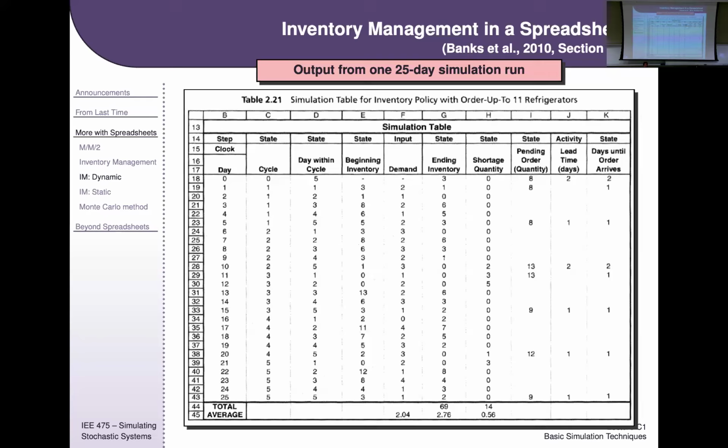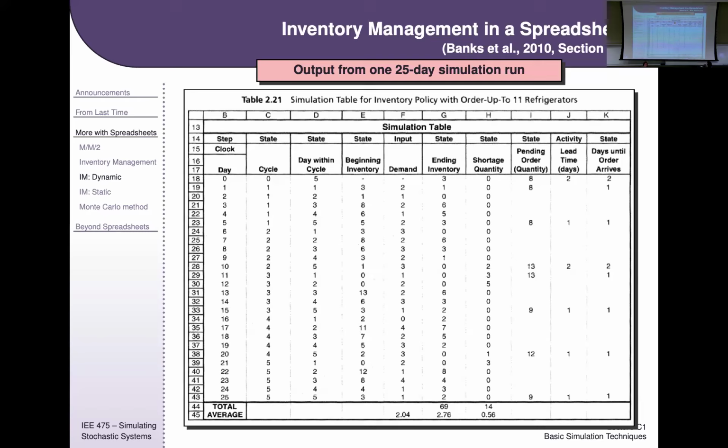So then I have a shortage quantity. How many days did I actually have refrigerators short, where now we're sort of assuming that those people could come back and be in our future demand distribution, but we can't guarantee that those sales will come back to us. And so we're going to accumulate those as costs down here.